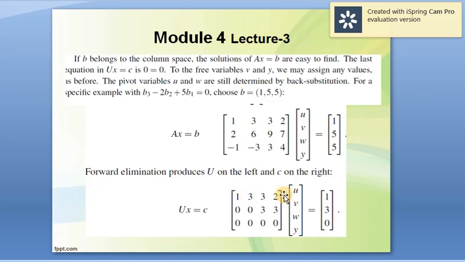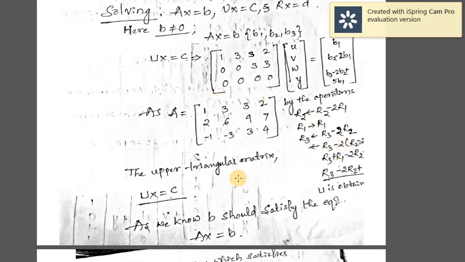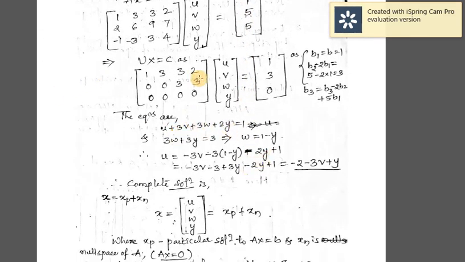It would be u plus 3v plus 3w plus 2y equals 1, which is our first equation, and the second equation is, since the first is u, v, now third is w, 3w plus 3y equals 3.